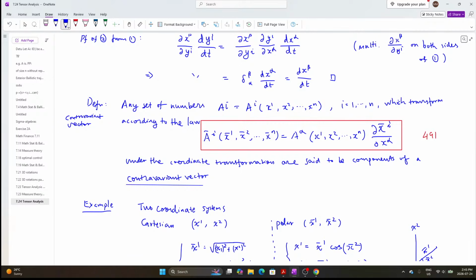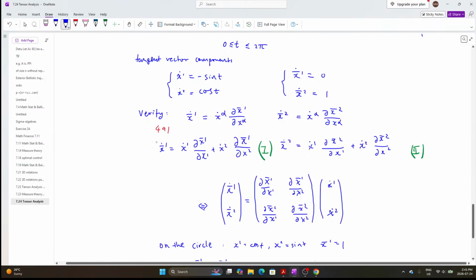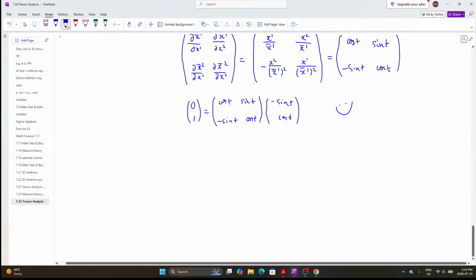Okay, so the text says we immediately see that the law of transformation for a contravariant vector is, quote-unquote, transitive. So what does that mean? Okay, so let's continue. This is the end of our example.